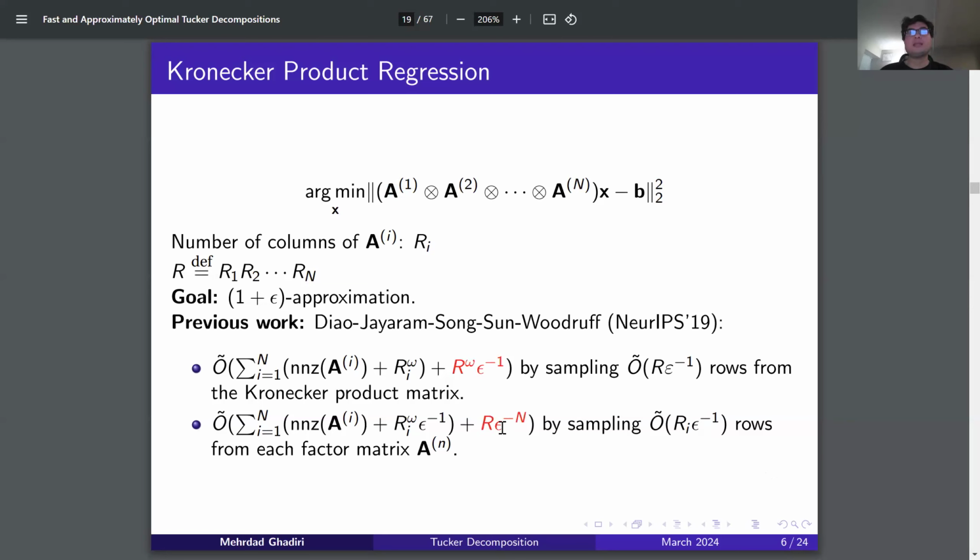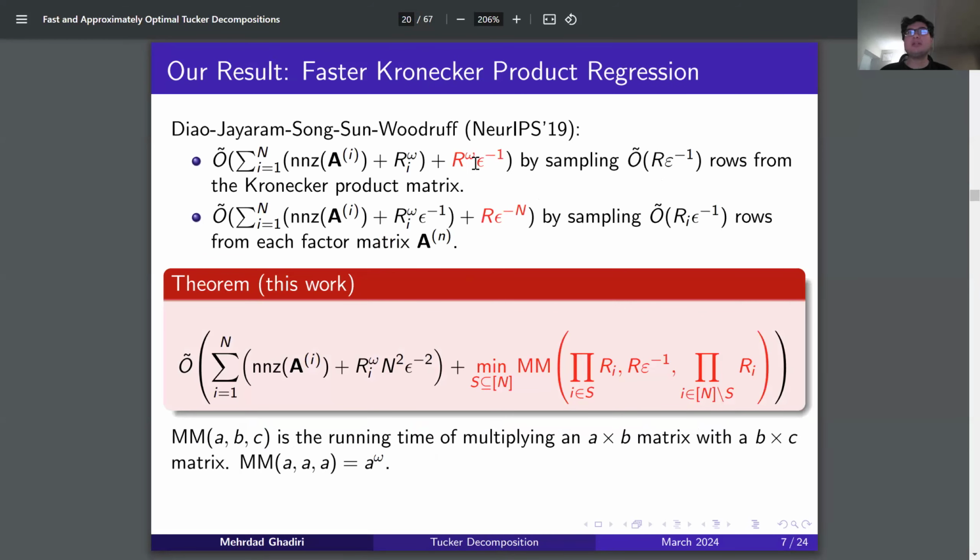As I mentioned, these red terms are the important ones, because the other terms are lower order terms. So improving these would be very nice, because these are exponential terms. It's either R to the omega, which is exponential, or R times epsilon to the negative n, which is also exponential. So what do we do?